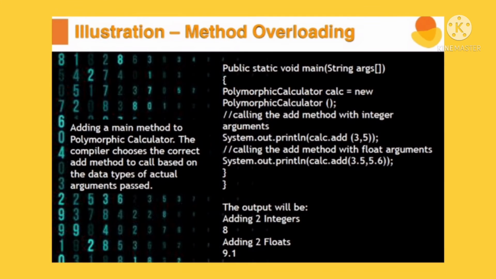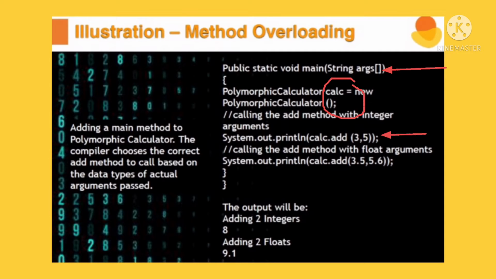Let's discuss the implementation details. Now there is a main method here. In this method we initialized an object calc of polymorphic calculator class.